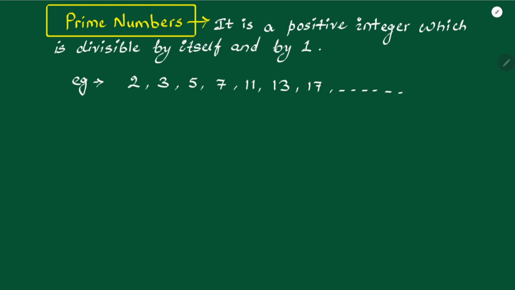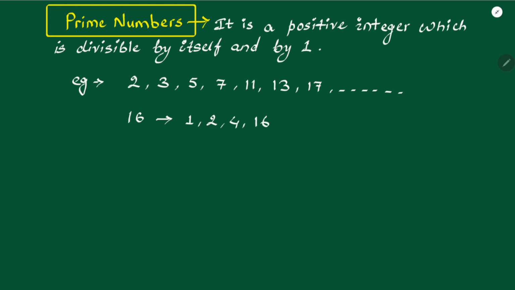So let's check if 16 is a prime number or not. We can clearly see here that 16 is divisible by 1. 16 is also divisible by 2, 4, and 16.